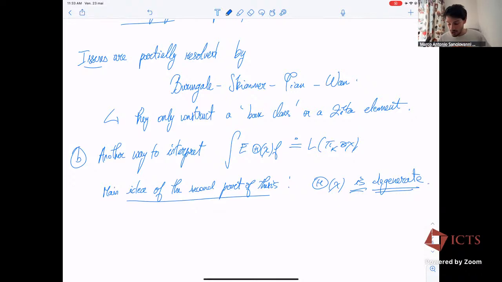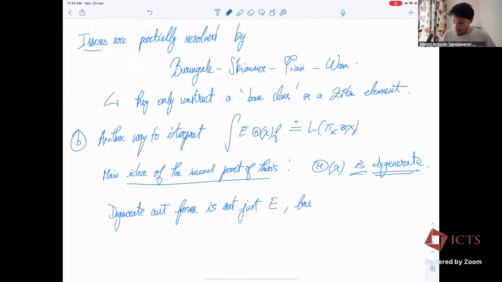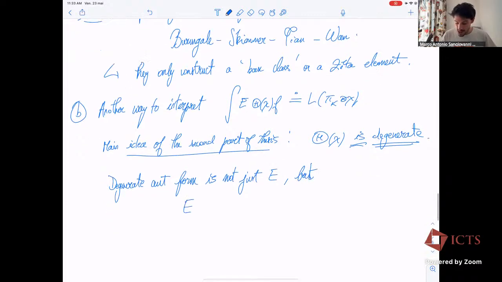Okay, so now the degenerate automorphic form is not just E, but E times theta chi on GL2 times GL2.